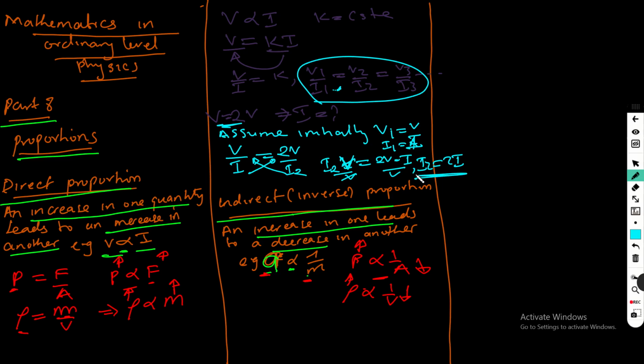So if my initial value was 2, the present value will be 2 times 2, which is 4. So that's how you do the calculations.